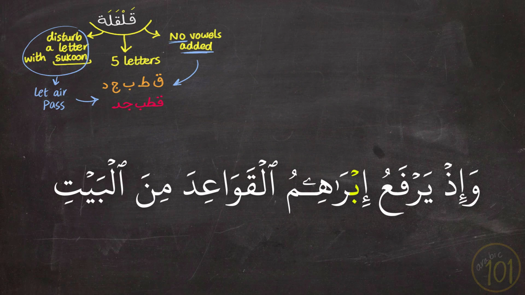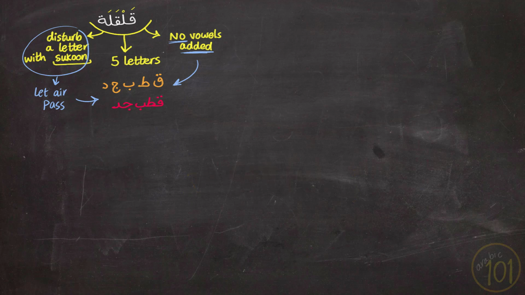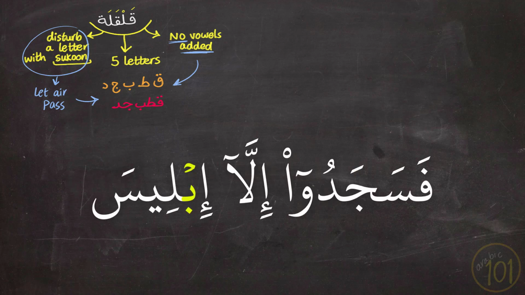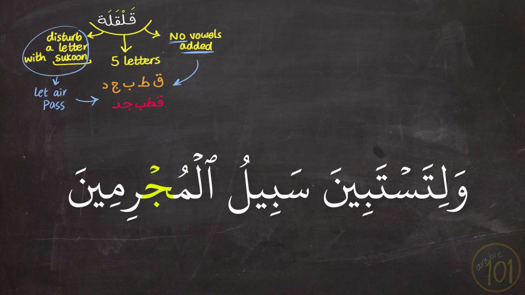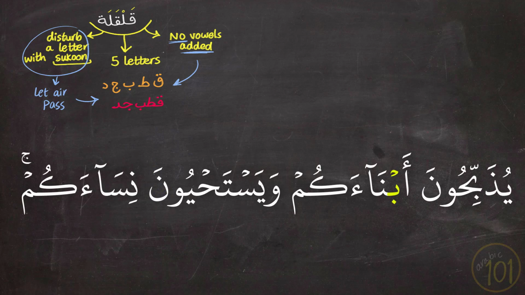وَإِذْ يَرْفَعُ إِبْرَاهِيمُ الْقَوَاعِدَ مِنَ الْبَيْتِ وَإِذْ يَرْفَعُ إِبْرَاهِيمُ الْقَوَاعِدَ فَسَجَدُوا إِلَّا إِبْلِيسَ وَلِتَسْتَبِينَ سَبِيلُ الْمُجْرِمِينَ يُذَبِّحُونَ أَبْنَاءَكُمْ وَيَسْتَحْيُونَ.